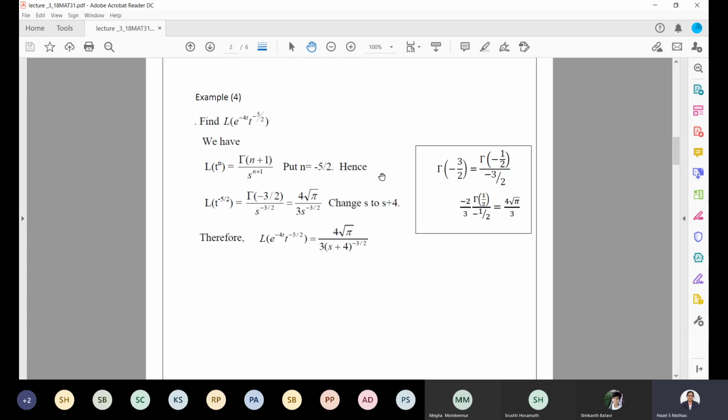Here you can write it, see here, gamma of n plus 1. When we substitute over here, we get gamma of minus 3 by 2. This gamma of minus 3 by 2 can be rewritten in terms of gamma of minus half divided by minus 3 by 2, because gamma of minus half can be written in this way.